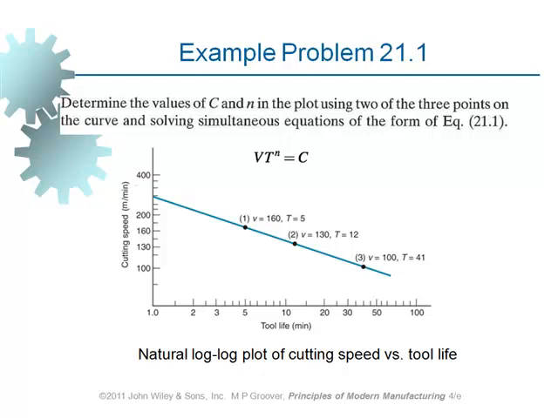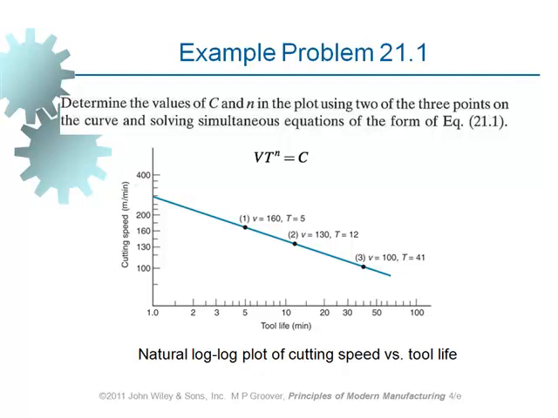Well, we have to determine the values of C and N in Taylor's equation, and the equation is given up there, in the plot, using 2 of the 3 points on the curve.